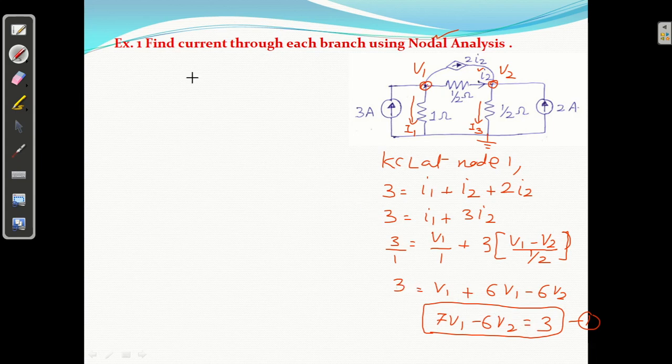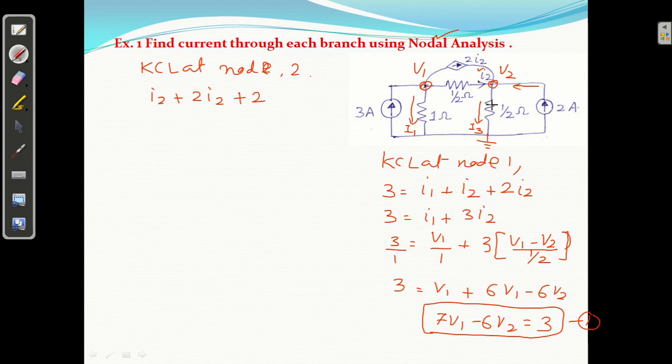Now KCL at node 2. This is node 2. What is the KCL? I2 is incoming, 2I2 is also incoming, and this 2 ampere is also incoming.